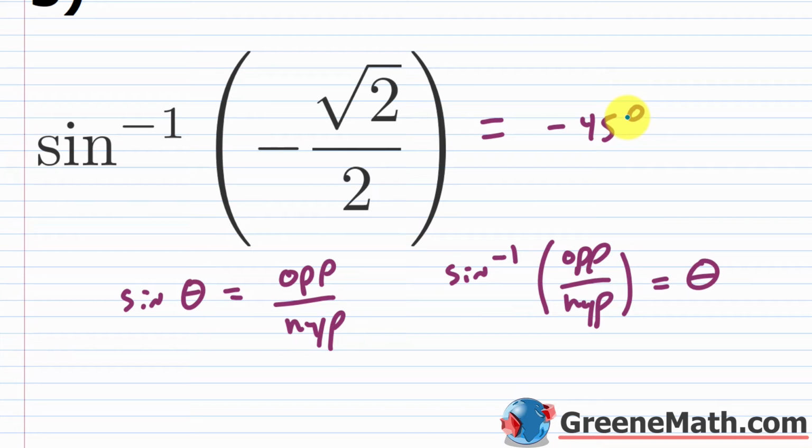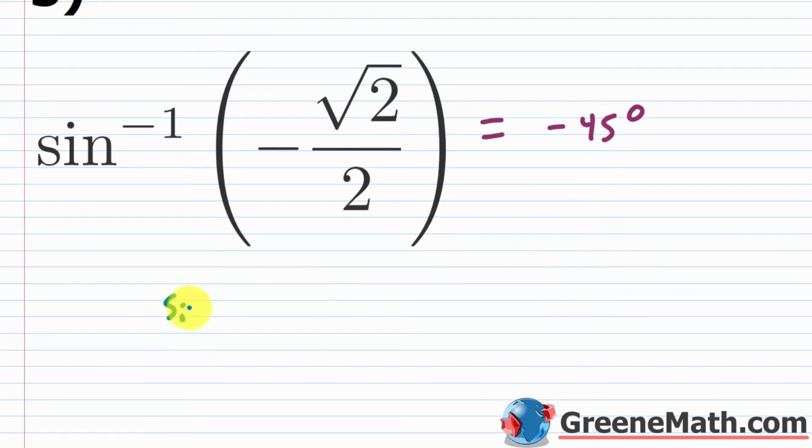Now, if I sat here and said that the sine of, let's say, theta was equal to the negative of the square root of 2 over 2, and you said that theta was negative 45 degrees, you would be only partially correct, right? There's an infinite number of angles whose sine value is going to be negative square root of 2 over 2. I know sine is going to be negative in quadrants 3 or 4.